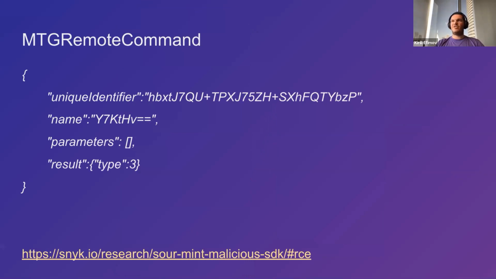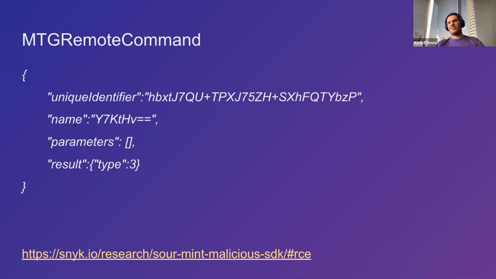This is the interface of MTGRemoteCommand, a sample of how to call MTGRemoteCommand from JavaScript. It is capable of running a native function by name with arguments. So it accepts JSON with 4 different keys. Unique identifier is the target native class name.